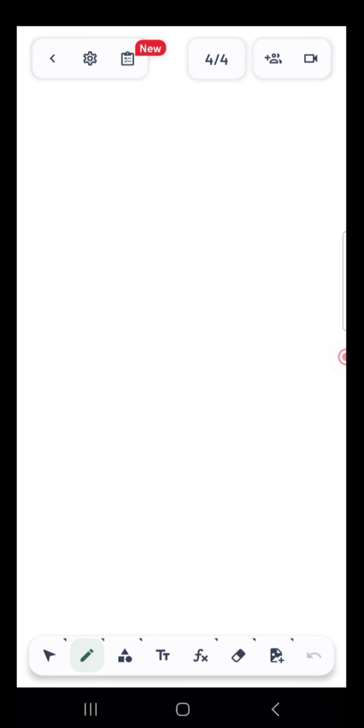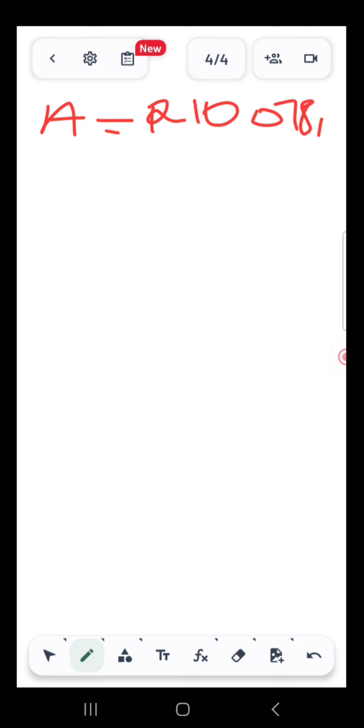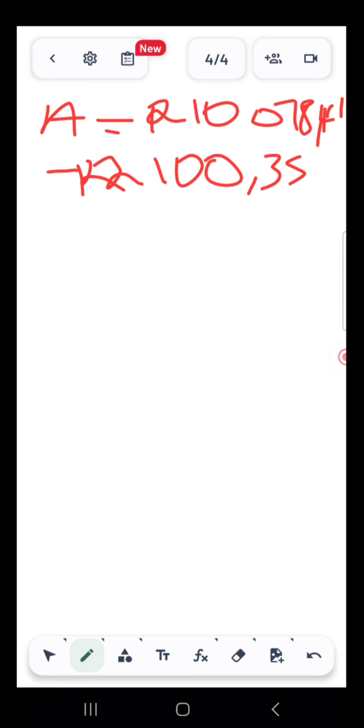We are trying to find A, which is the salary of David. So David maqeda ukuhola i-account yakhe beyine 10,078 rand and 41. Before ahola, the day before ahola bekane siya minus le bekana 2,135 cents.